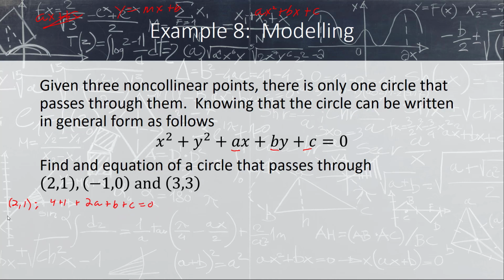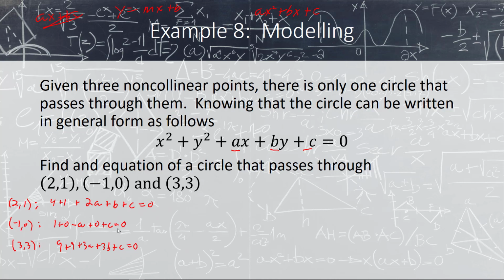Okay, for the next one, which is -1, 0, we will have x squared, which is going to be 1, plus y squared, which is 0, plus ax, which is going to be -a, plus by, which is just simply 0, plus c is equal to 0. And then finally for 3, 3, we will have 9 plus 9 plus 3a plus 3b plus c equals 0.